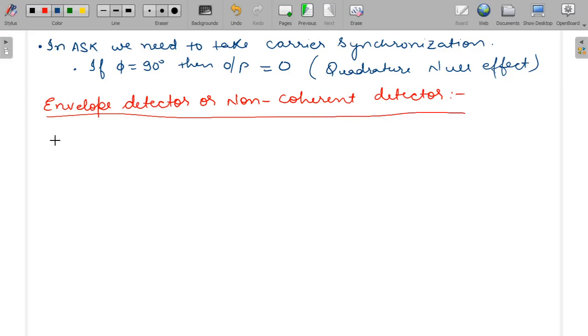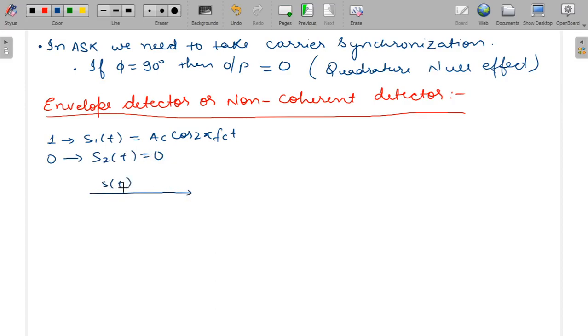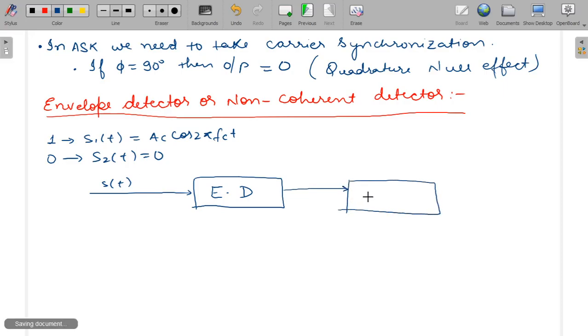Now we know that when 1 is transmitted, the signal is Ac cos 2 pi fct. When 0 is transmitted, the signal is 0. So now we will pass this signal s(t) to the envelope detector and then through the threshold comparator.